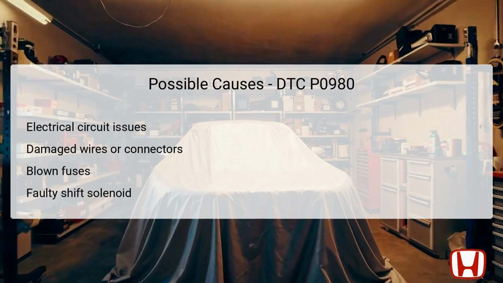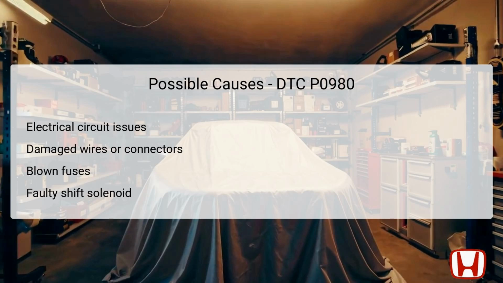Various factors may contribute to the occurrence of DTC P0980. Most commonly, there are electrical circuit issues that disrupt the operation of Shift Solenoid Valve C. Damaged wires, connectors, or terminals can lead to open circuits where normal current flow is interrupted.